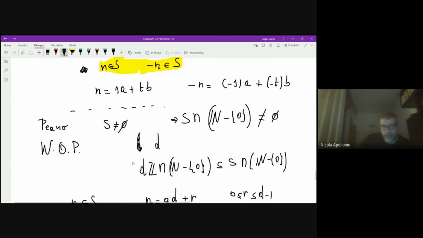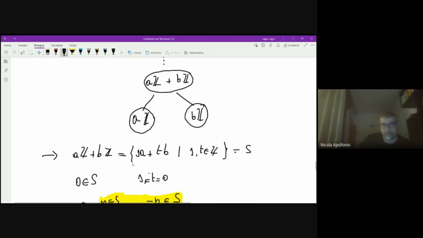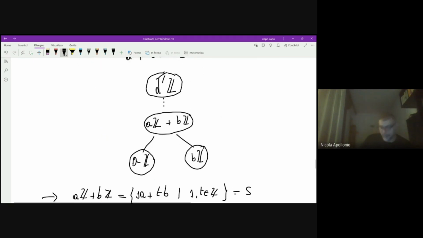Good. Now this is what we wanted to prove. And this fact is very, very important, both theoretically and algorithmically, and now we will see why.